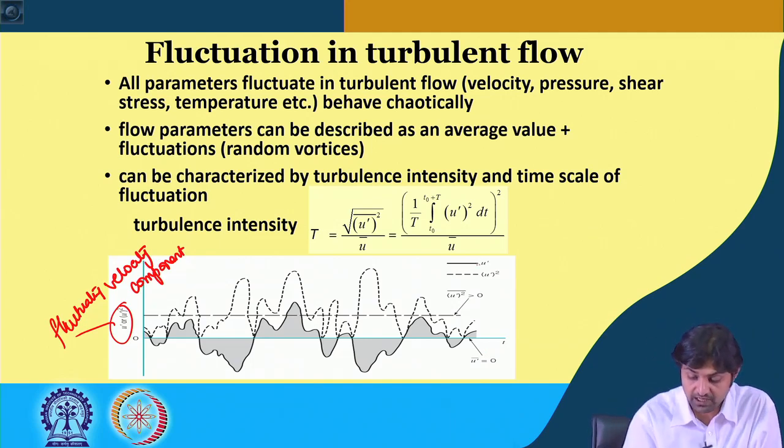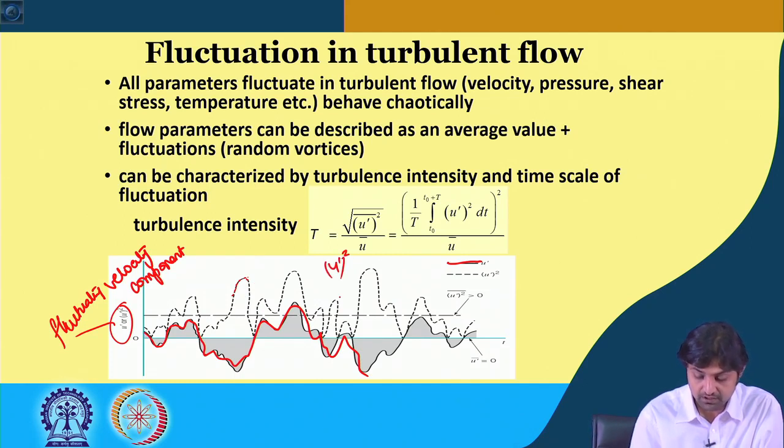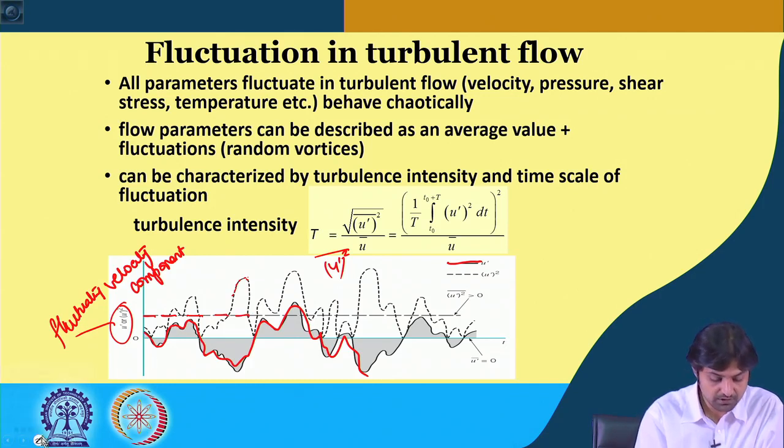This solid thick line represents the fluctuation, the dashed line represents the fluctuation squared, u dash whole square, and the average of this quantity is represented by the thin line, like this one, this one, this one.